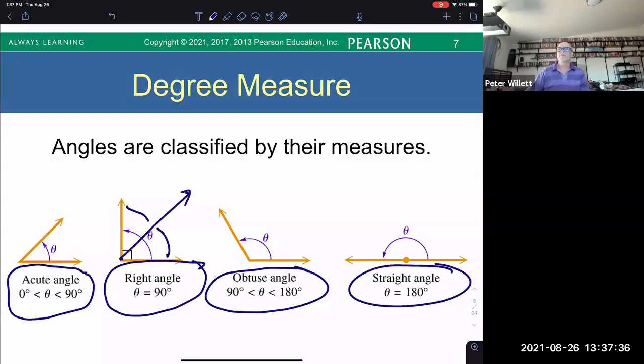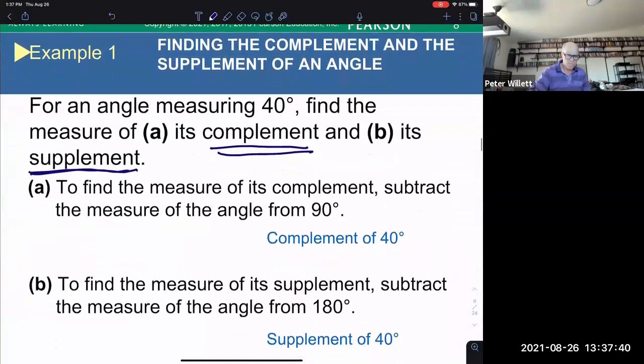That's the idea of a complement. So if you know that a 40-degree angle is one of two angles and the other one is the complement of the 40, that means you know they add up to 90. And if they add up to 90, then you can find out the value of the other one by subtracting the 40 from the 90.